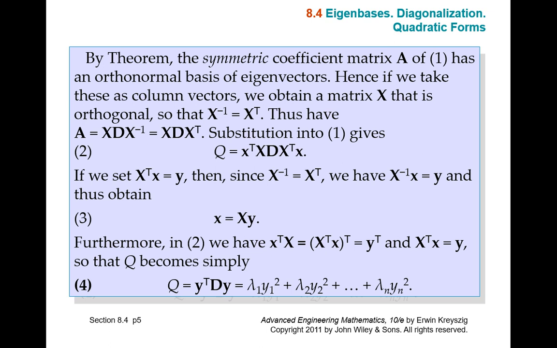This is equation number 4. This equation tells us that if A is a symmetric matrix, you can easily transform the coordinates into a new set. Because of orthogonality, the new quadratic form is simply the eigenvalues multiplied by the squares of the new coordinates.